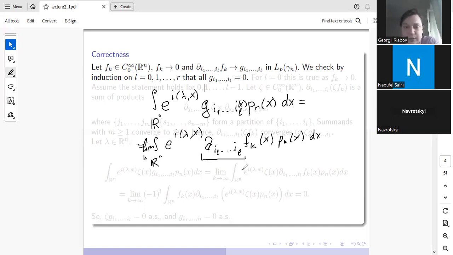But this integration by parts must be justified because we integrate over all R^n. This is the first issue, and the second is that fk may converge to zero only in L1. So the question is, why do the integrals converge? Because after integration by parts, fk will be multiplied by some unbounded function.